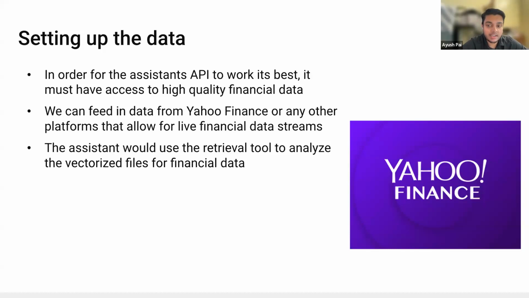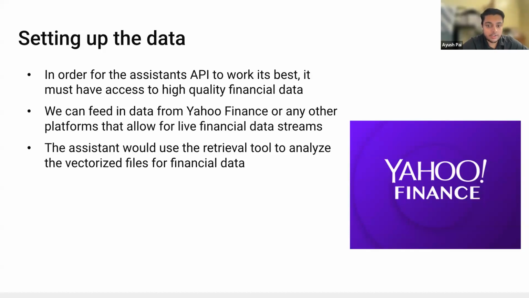This data acts as a bedrock for informed financial advice and recommendations. So we can use reputable sources like Yahoo Finance or any other platforms that offer live or historical financial data streams. And this real-time information flow allows our assistant to remain aware of the market trends, stock prices, economic indicators, etc.